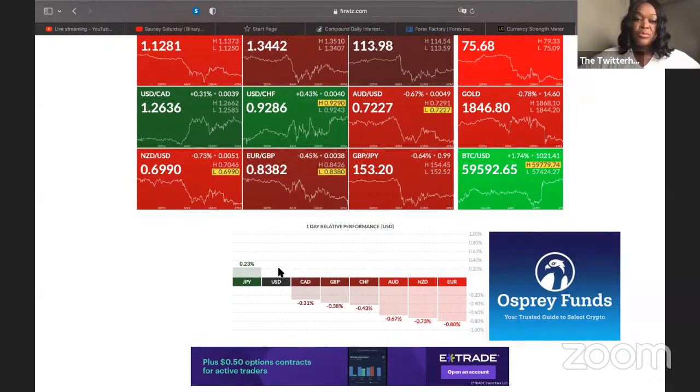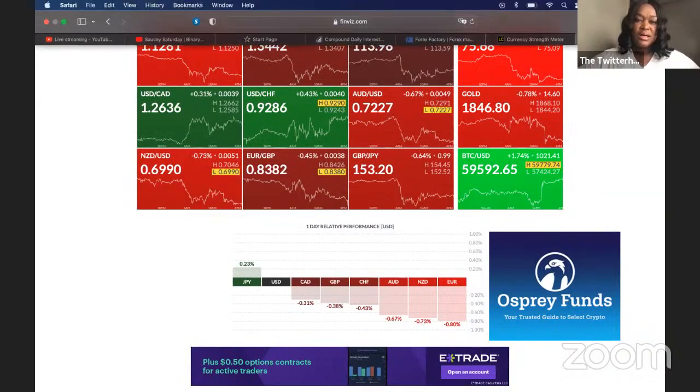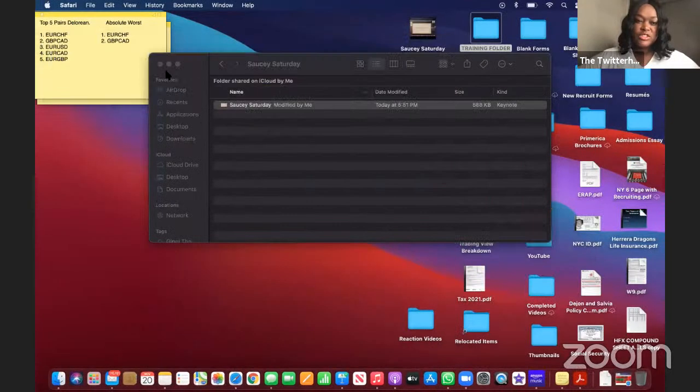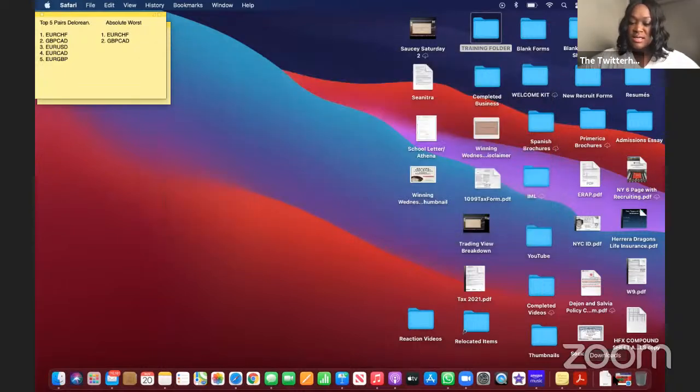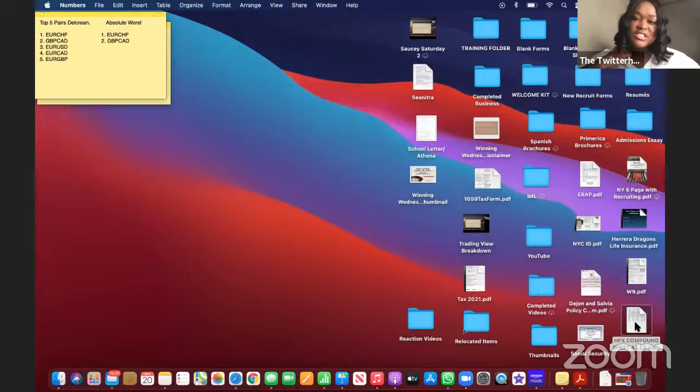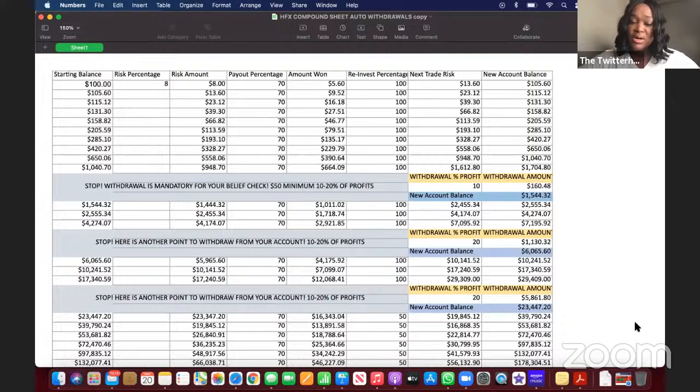All right. So now I want to show you guys this compound sheet. I dropped it in the chat earlier this week, but I didn't talk about it, so now I'm going to talk about it.